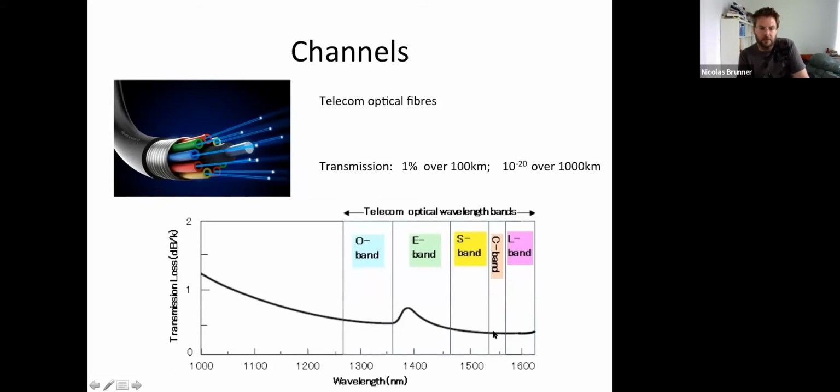And so typically in classical communications over optical fibers, what you do is that you multiplex in frequency, right? So you can have many different channels. And for instance, even within the C band, I think you can have thousands of different channels, each one at a slightly different frequency, right?